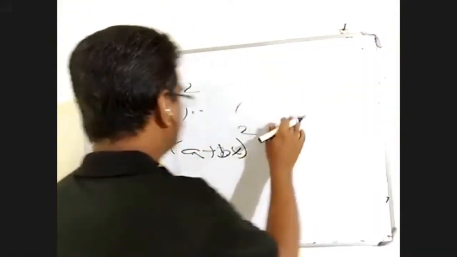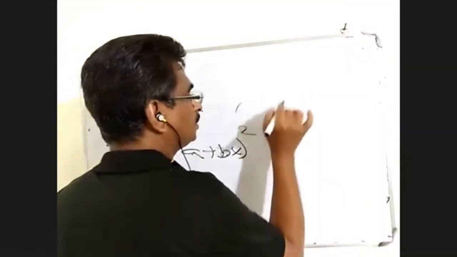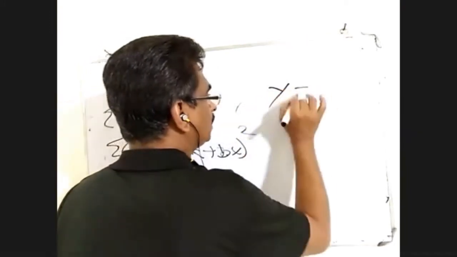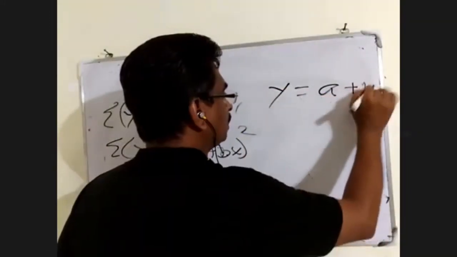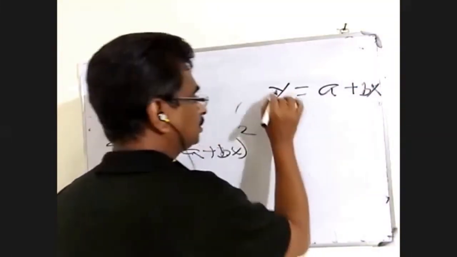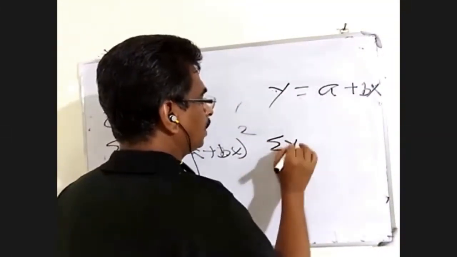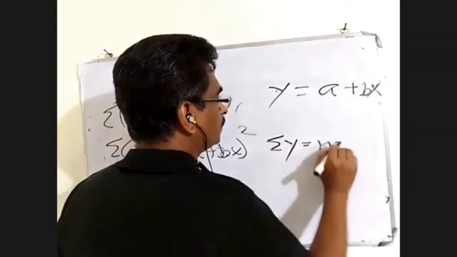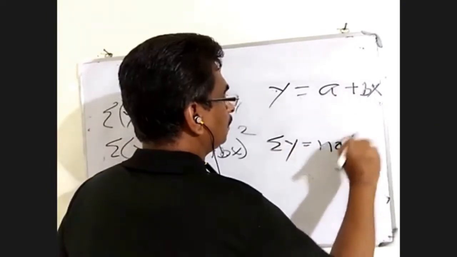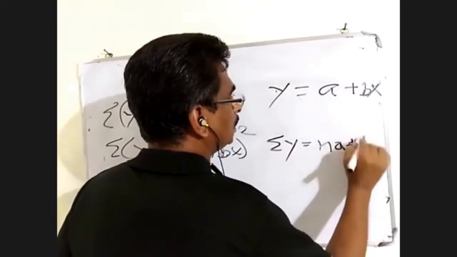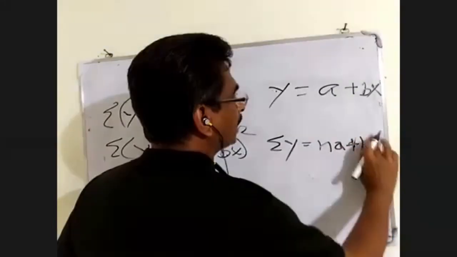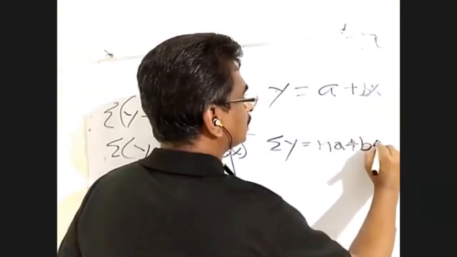We get two normal equations. Our equation is y equals a plus bx. The normal equations are: sigma y is equal to Na plus b sigma x. That's the first normal equation.